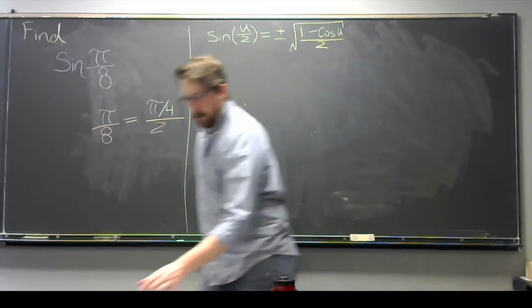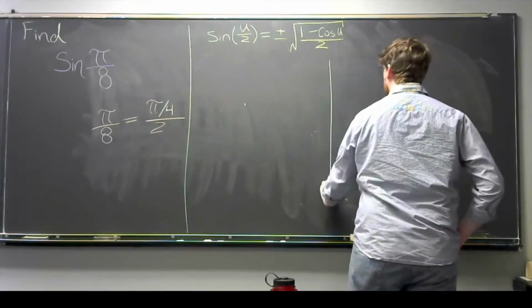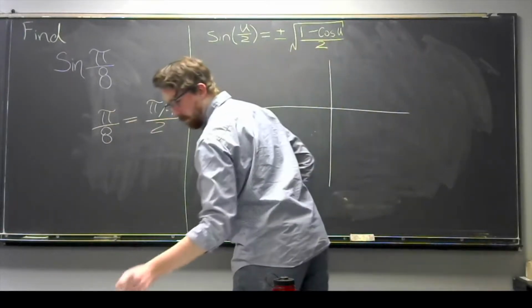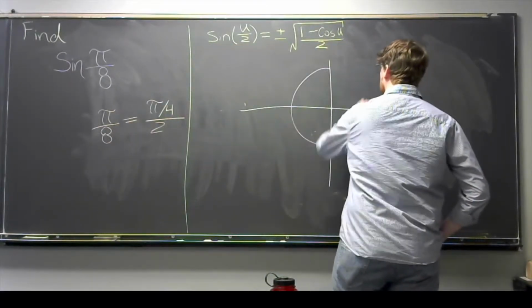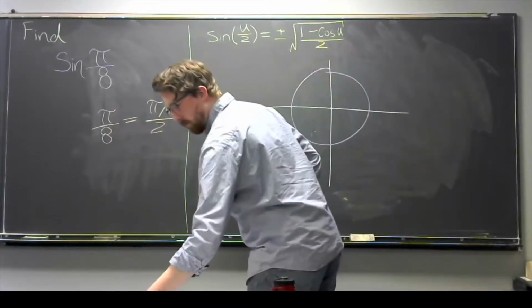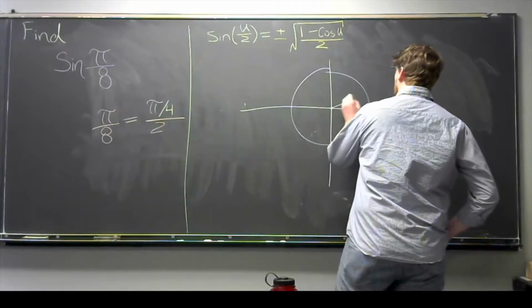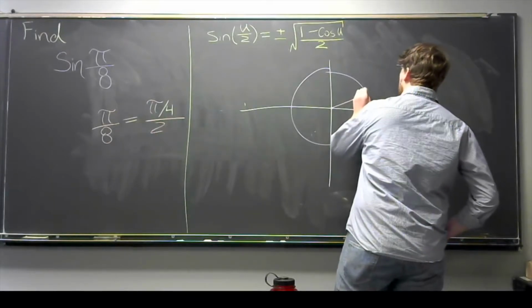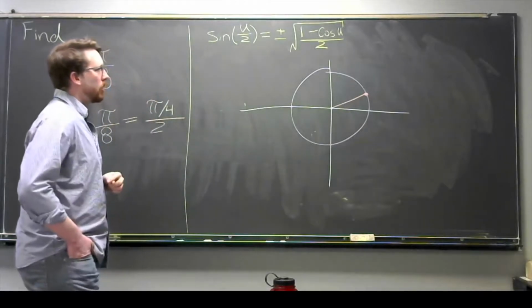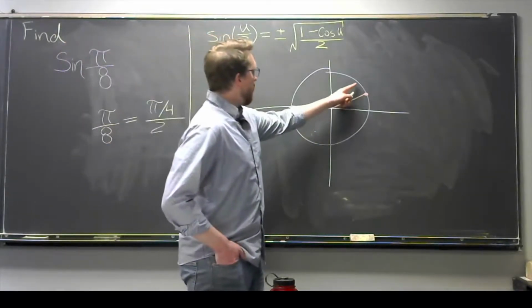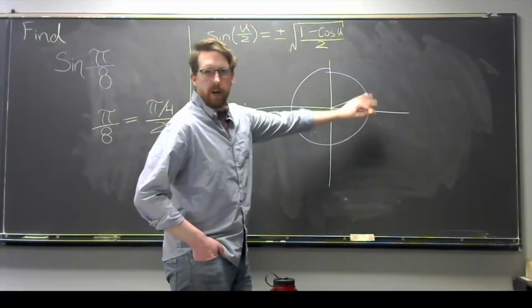Looking at the unit circle, pi over 8 lives about there-ish, roughly, right? About there would be pi over 4, so yeah, around there.